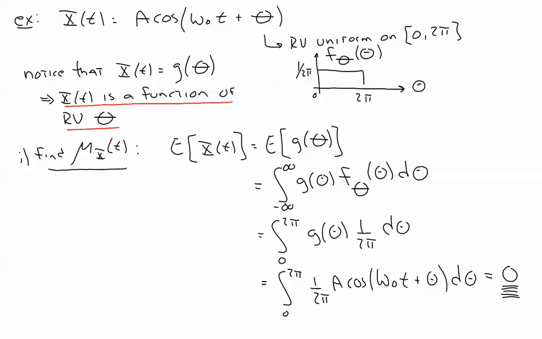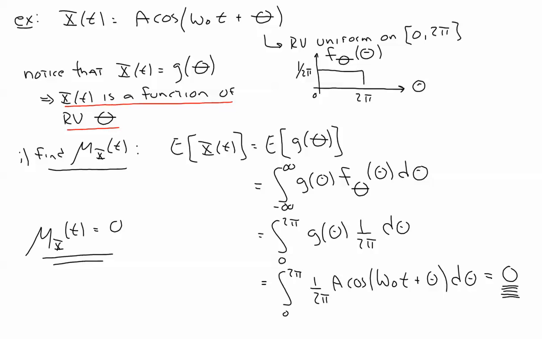All right? The mean of my random process in this particular case is exactly 0. Mean of the random process is 0, always, for this example.